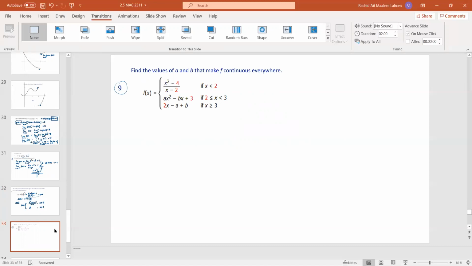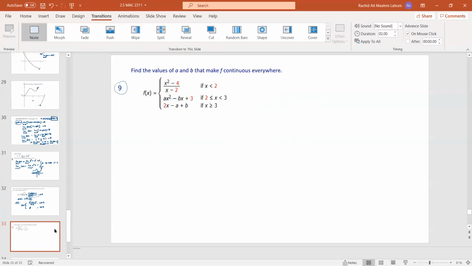So if it has to be continuous everywhere, when we get to these points, this is a polynomial. It should be no problem. And this one here, we just need to make sure that they're defined.